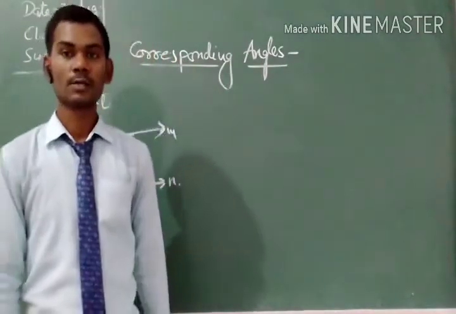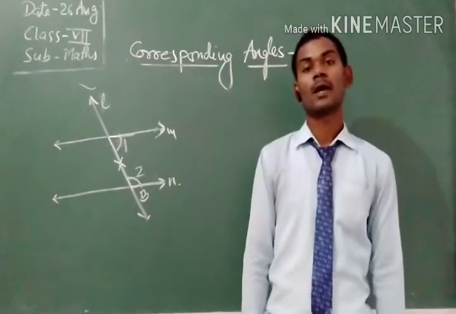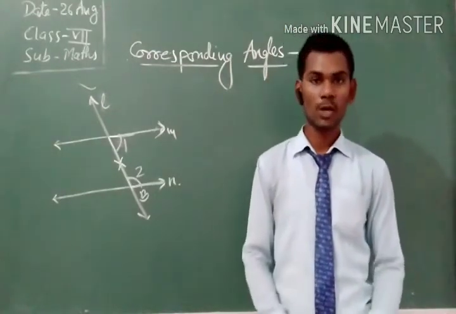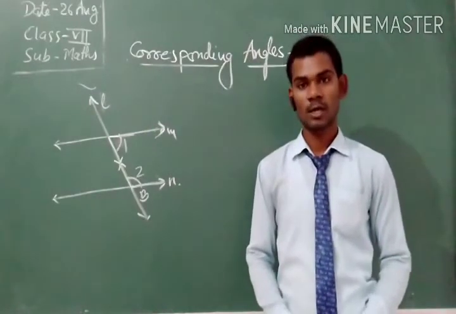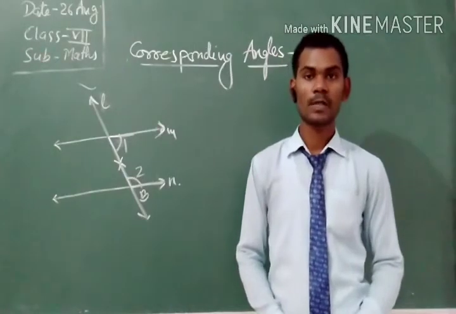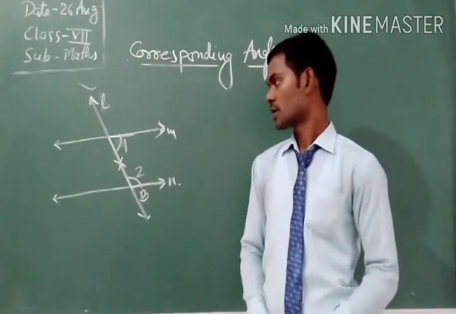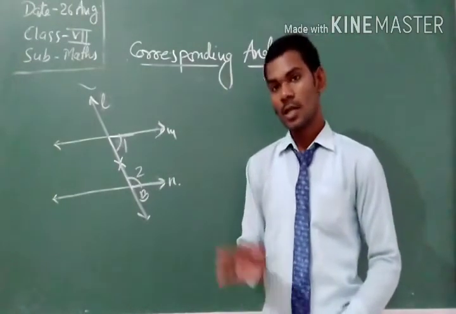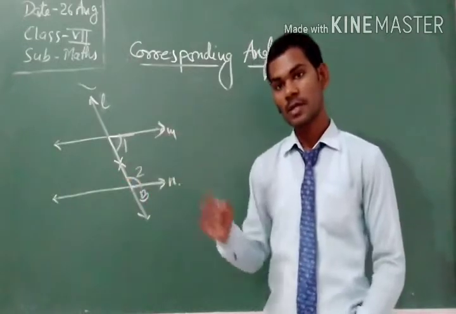A pair of angles in which one arm is on the same side of the transversal and the other arm of each angle is formed by the transversal and pointed in the opposite direction, including the line segment AB.